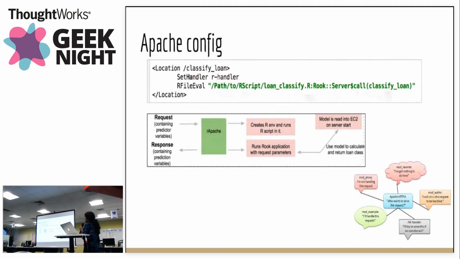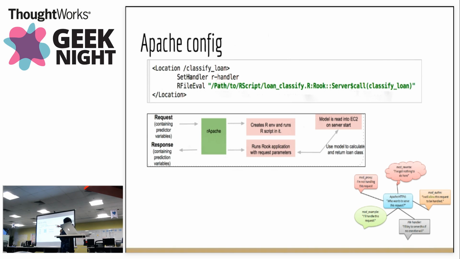So in the Apache config file, you have this piece of code. When a request comes in, if that classify part is there in the URL, Apache knows that our handler is what handles the request. Then it checks with each of its modules to see who deals with our handler, and RApache is the one which deals with it.